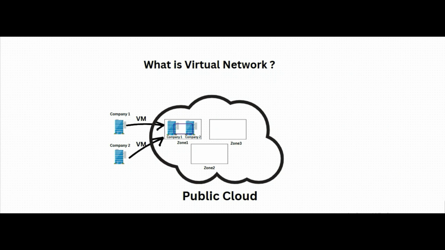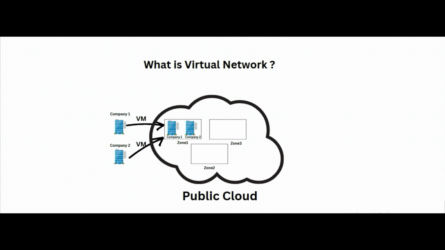Then what does the cloud provider do? Azure, being a public cloud provider, handles both scenarios. Azure accepts both requests, company 1 and company 2, and handles both the requests.